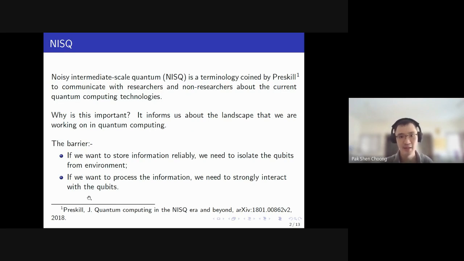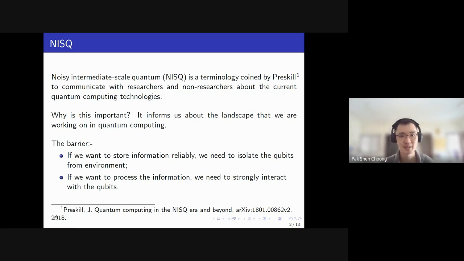So be reminded that whatever is mentioned in the slide, I basically take it from the paper, and the paper is from 2018. So one thing that we should take note of is that now it's 2023, and because we are not doing experiments, we don't actually know how far we have progressed from 2018. So I think we should also take note of this.